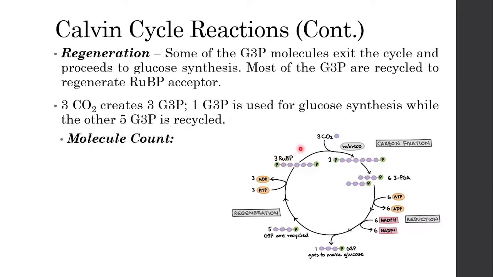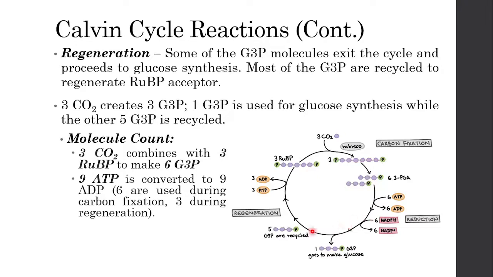So just a little bit of summary in our molecule count. 3 carbon dioxide combines with 3 RuBP, ribulose biphosphates, and makes 6 G3P in the end. The Rubisco enzyme catalyzes these carbon dioxides with 3 RuBP, which in turn creates 6 molecules of 3-PGA, and then during the whole reduction process, these 6 3-PGA become 6 G3P, right?